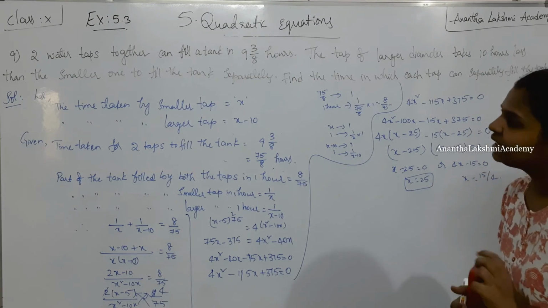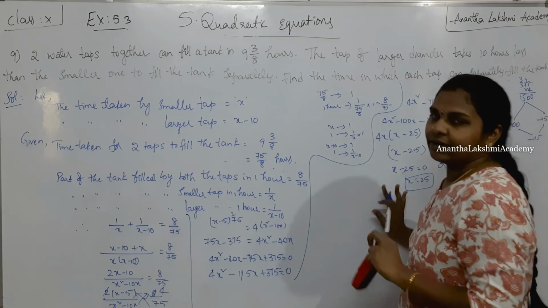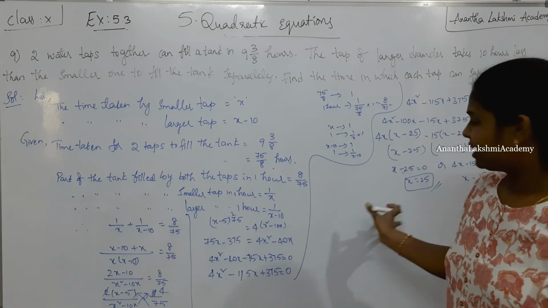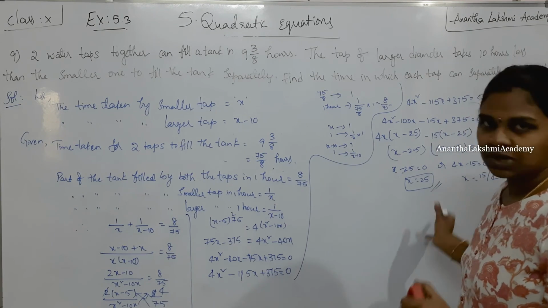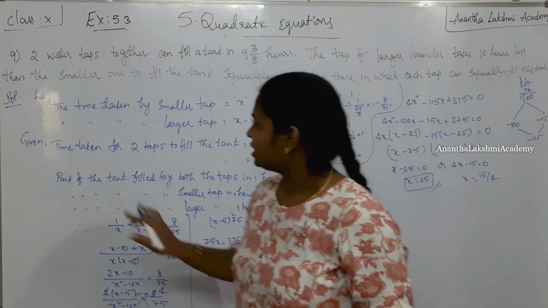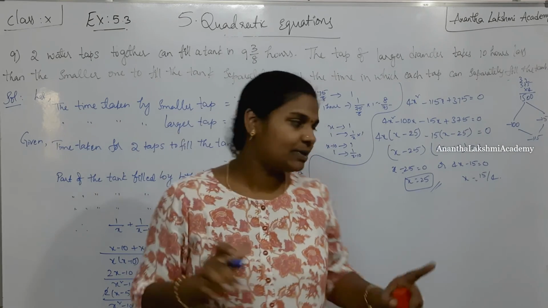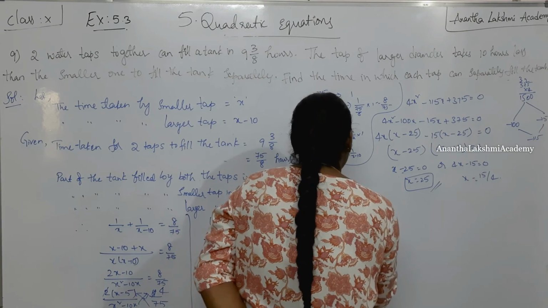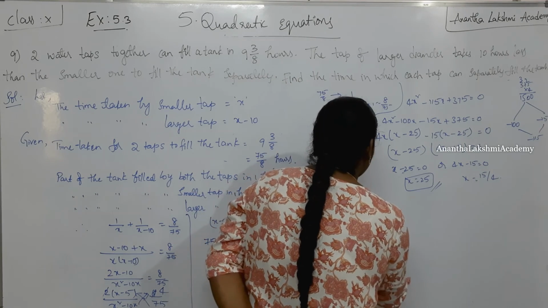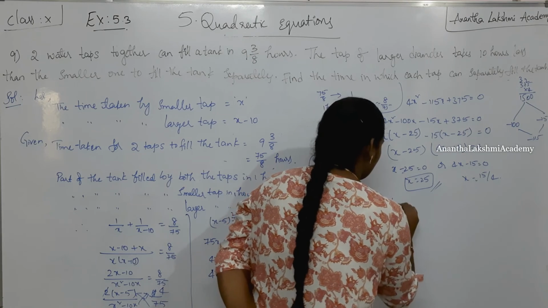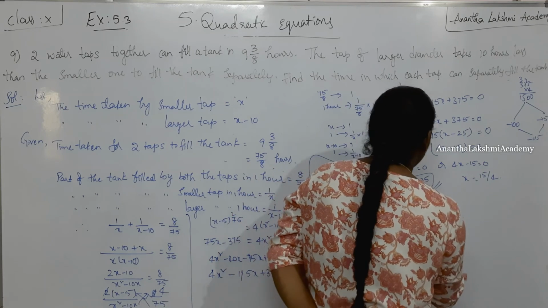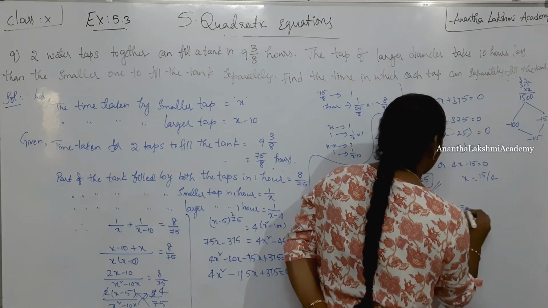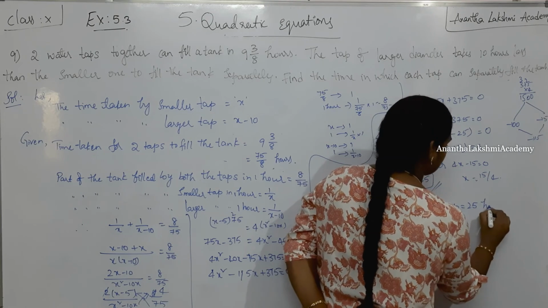Now what are we dealing with? We are dealing with time. So we need to take the value as a natural number. So let us consider the time taken by the smaller tap to be x, which is nothing but 25 hours. Therefore, the time taken by the smaller tap is equal to 25 hours.